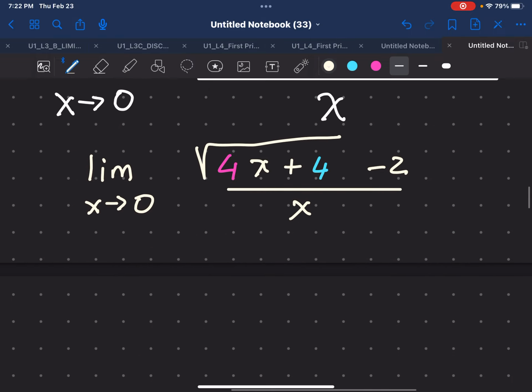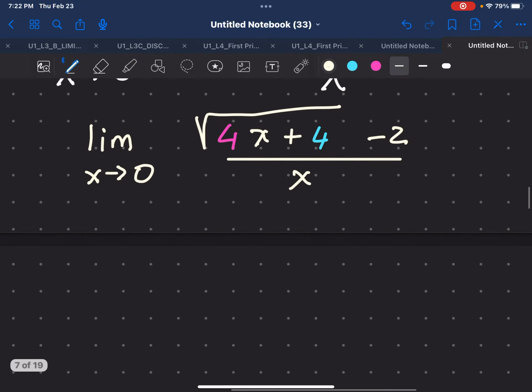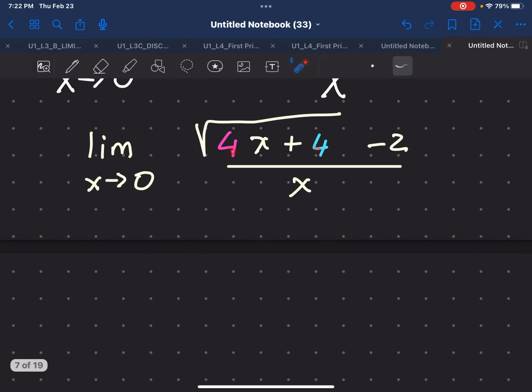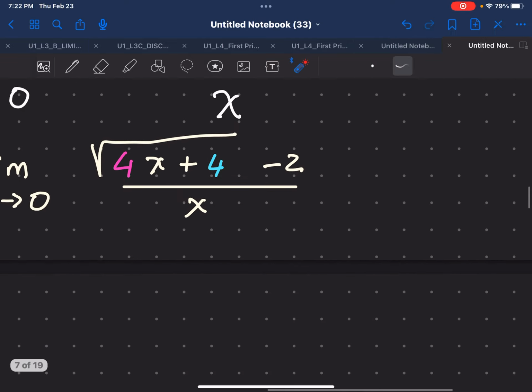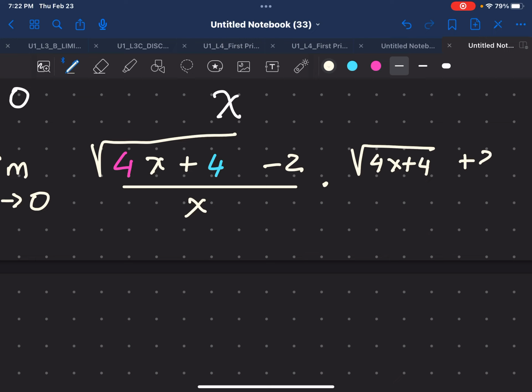So we're going to treat this as an ordinary limit question. So as you can see, we have a 4 here as a common factor. Obviously, you can simplify this very easily, or you can just leave it as a square root and start conjugating it. So we're conjugating with the square root of 4x plus 4 plus 2 over the square root of 4x plus 4 and then plus 2.